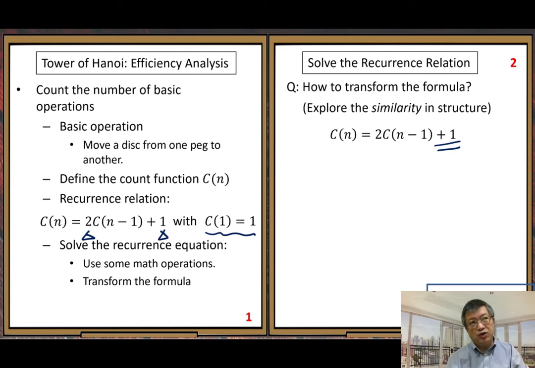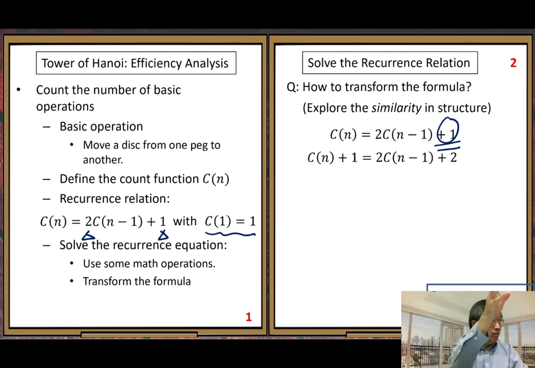All right, so there is one simple technique. We add 1 to both sides, because here you have plus 1, right? In order to make the left-hand side plus 1, we need to add 1: C of n plus 1. But the right-hand side becomes plus 2. Although we have plus 2, look at this 2 coefficient in front of C of n minus 1. So we have a common factor 2, and we can factor that 2 out.